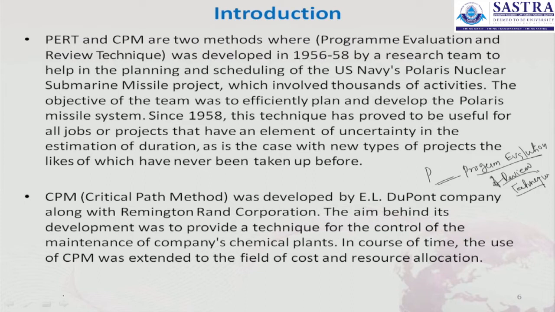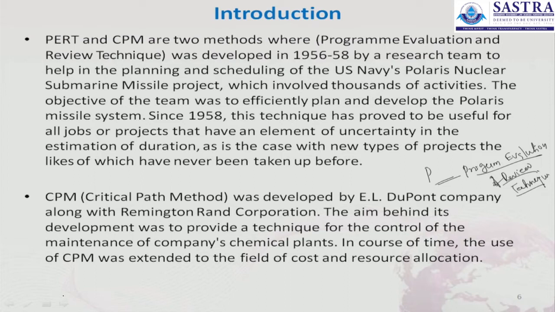The critical path method was developed by the DuPont company along with Remington Rand Corporation. The aim behind its development was to provide a technique for the control of the maintenance of the company's chemical plants.